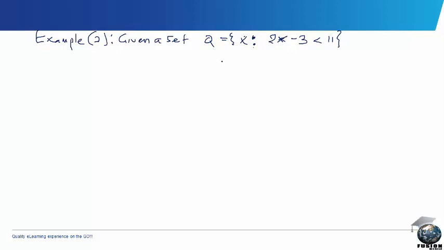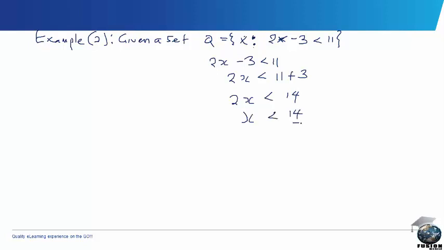And so from this point you can say that 2x minus 3 is less than 11. You can take minus 3 over to the other side, and so it becomes positive. 2x is less than 14, so that x on its own will be less than 14 over 2. All I did was to divide both sides by 2, so that x will be less than 7.